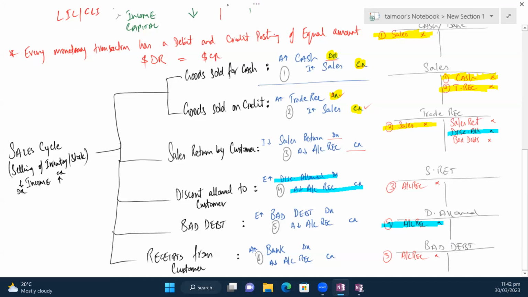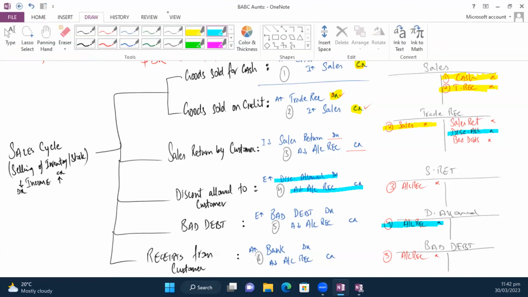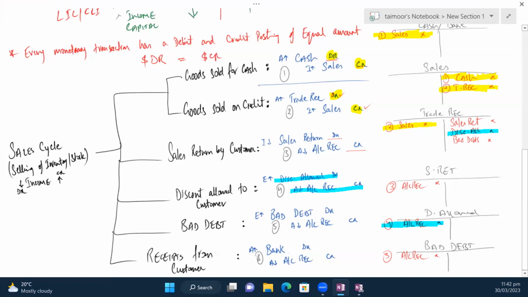And finally, the last transaction is bank debit, account receivable credit. So bank debit because of account receivable, and account receivable credit because of bank. So this was 3, this was 4, this was 5, and this was 6. ठीक है जी.